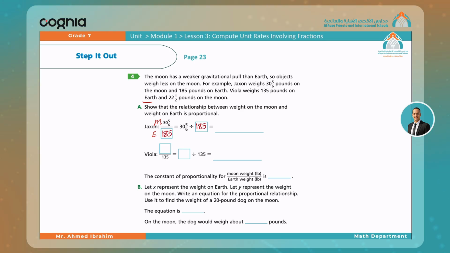First of all, 30 and 5/6 is a mixed number. We have to turn it into a fraction first. To turn it into a fraction, we multiply the 30 by the 6 and then add the 5. So 30 times 6 is 180, plus 5, it's 185 over 6.